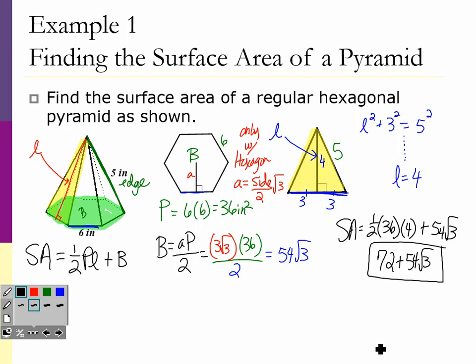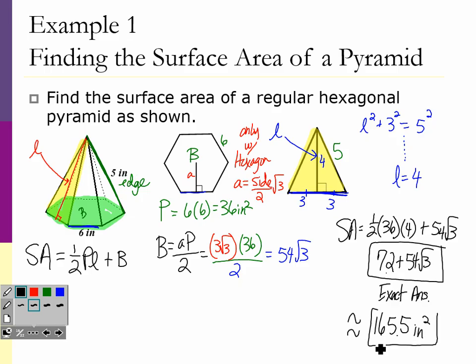This right here is the exact answer because 72 cannot be added to 54 root 3 because they don't have the same radicand. They don't both have a square root of 3. But if I put this in the calculator, that would give me my approximate answer. And I think this is approximately 165.5. And that would be inches squared.